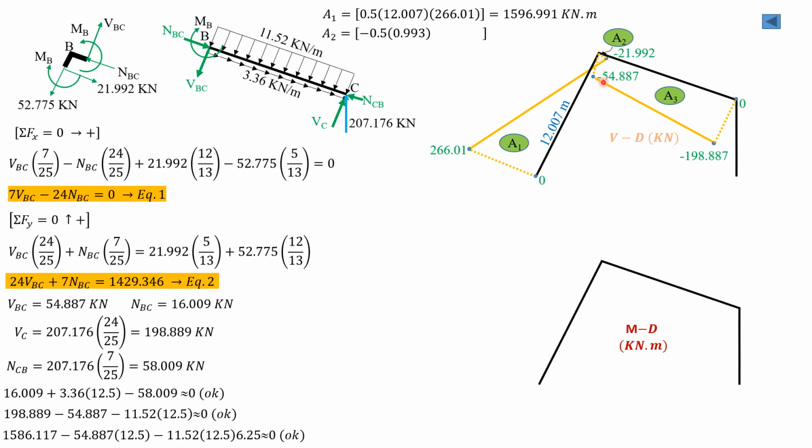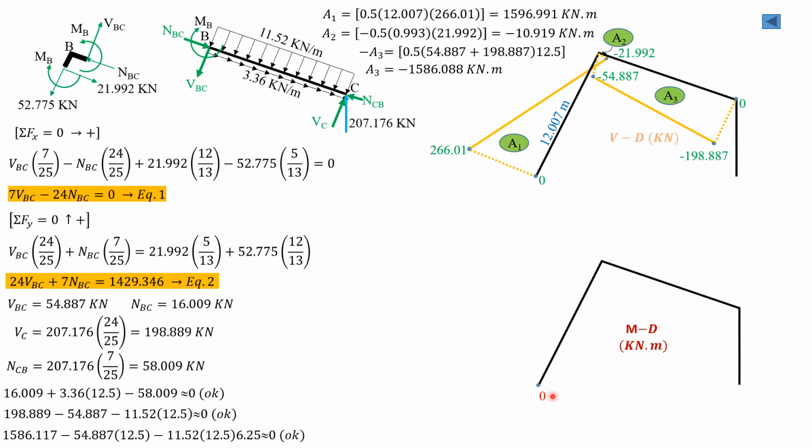Area 2 is negative 1/2 of 0.993 times 21.992. So this is 0.993, 13 minus 12.007. So negative 10.913. Area 3 is negative. It is the area of a trapezoid, 0.5 times 54.887 plus 198.887 times length, 12.5. So area 3 is negative 1586.088 kilonewton meter.